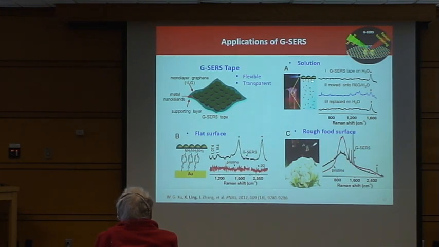We can float it on a solution to get the signal from the chemicals in the solution, contact it on a flat surface, and you can even contact it with your real food, like cauliflower or any rough surface, and get strong signals.